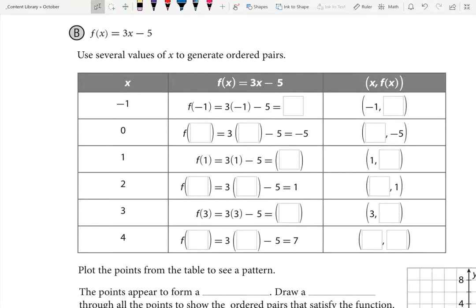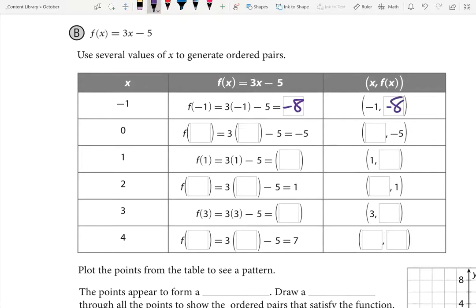Okay. So for this example, they've already done the fun part for us, which is they've already picked x values again. They've already decided to plug in -1, 0, 1, 2, 3, and 4, and that's fine. We're going to do that. We'll get kind of a slow start to this, but we'll be all right. So our function is 3x minus 5. They've selected to plug in -1, and when they plug in -1, 3 times -1 minus 5 makes -8.